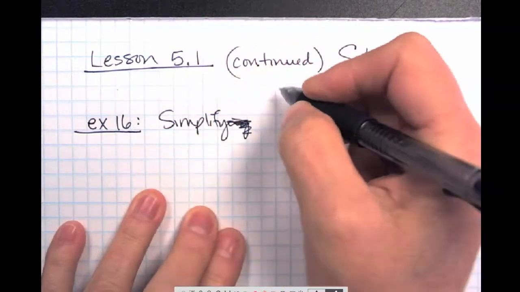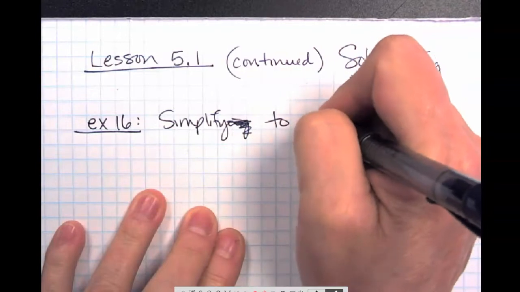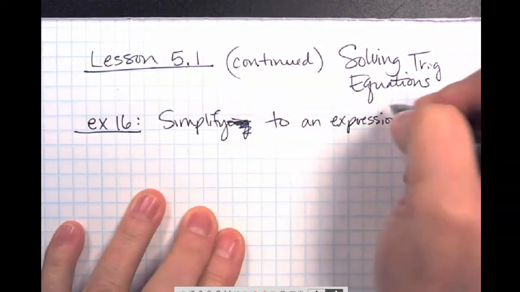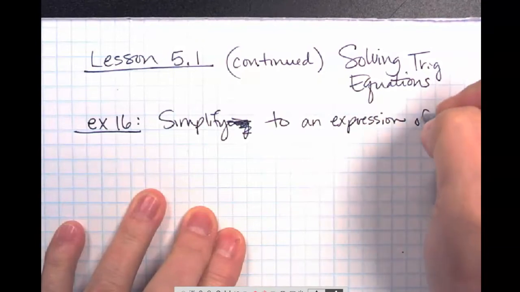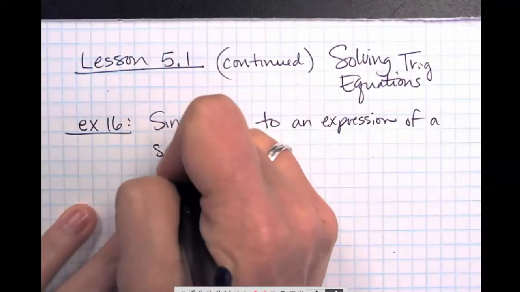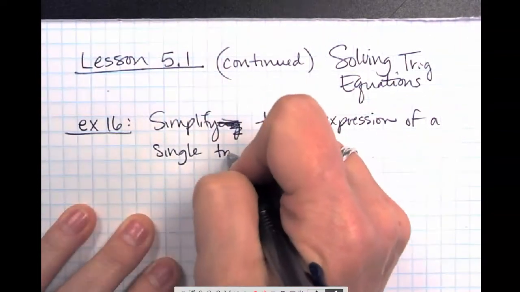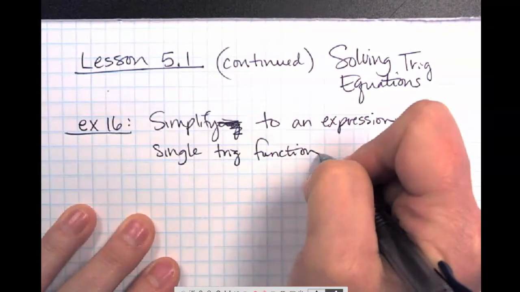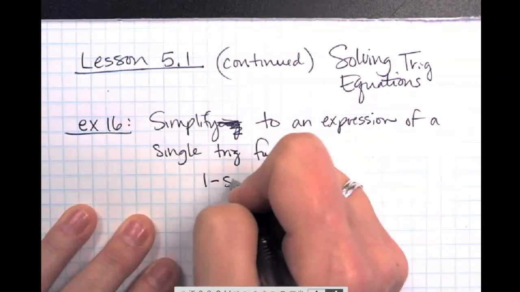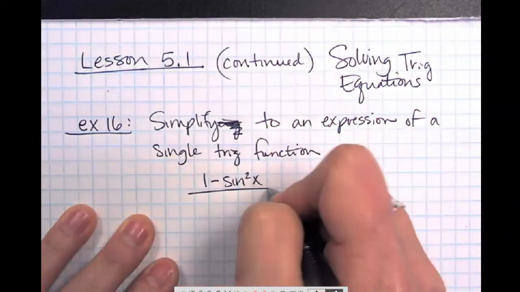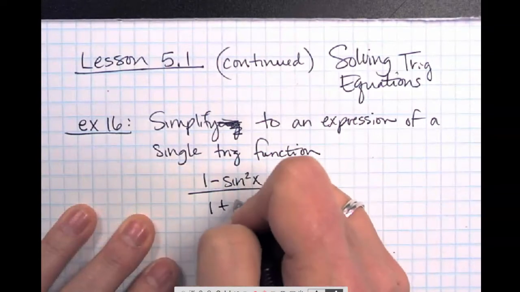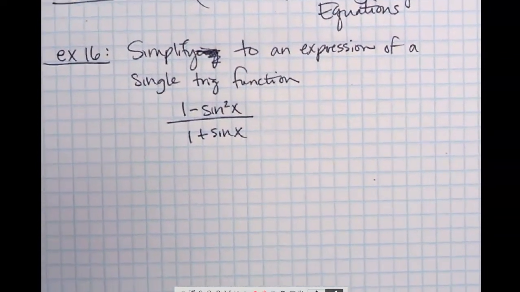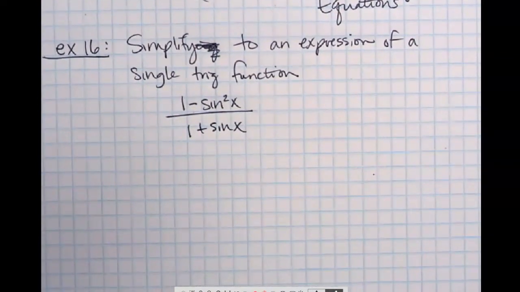Simplify to an expression of a single trig function: one minus sine squared x over 1 plus sine x.